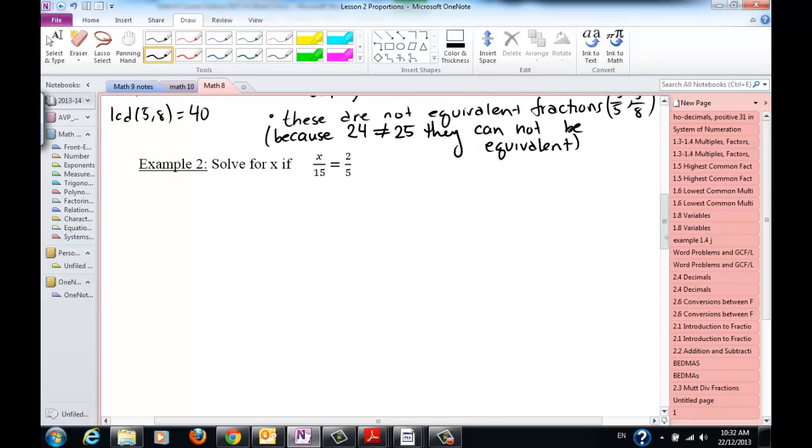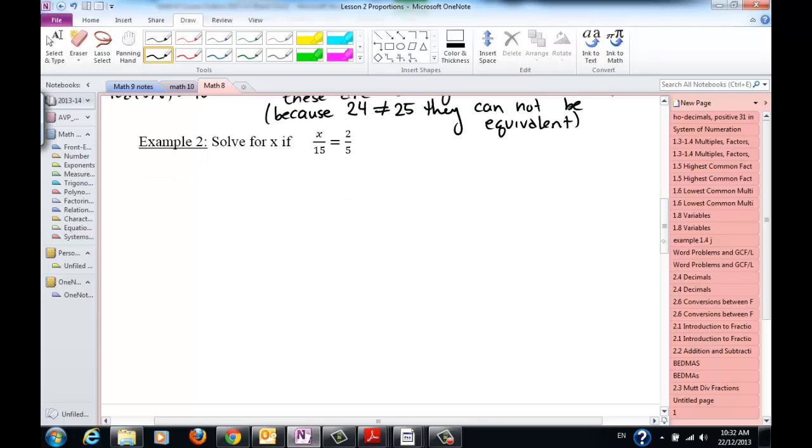The second type of problem you might have is where I want to actually know what the equivalent fraction would be. Same idea. First things first, multiply both sides by the common denominator.